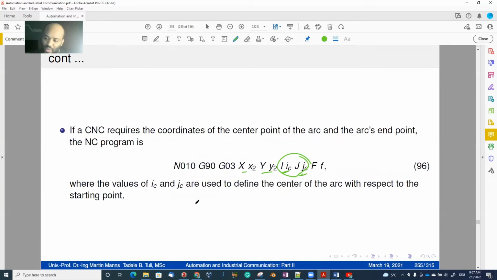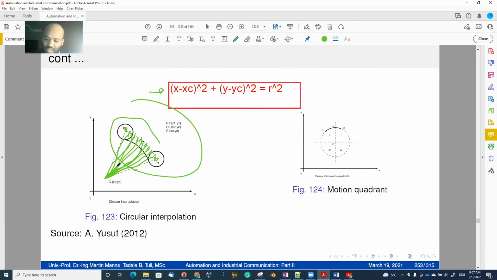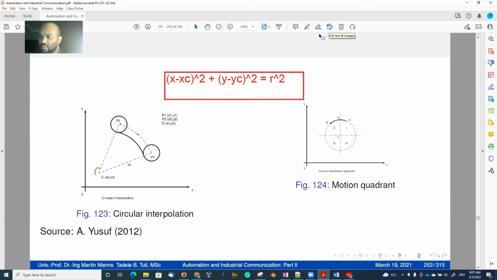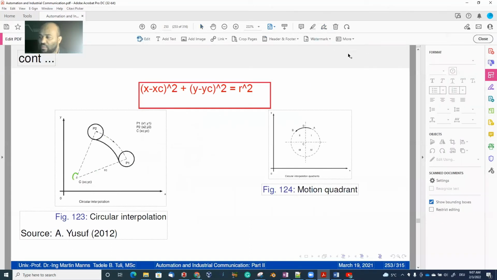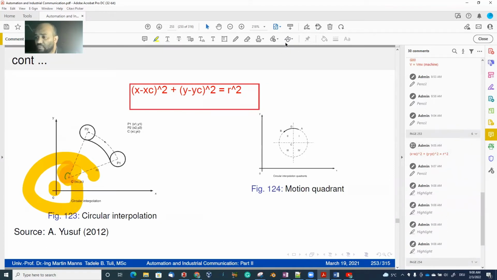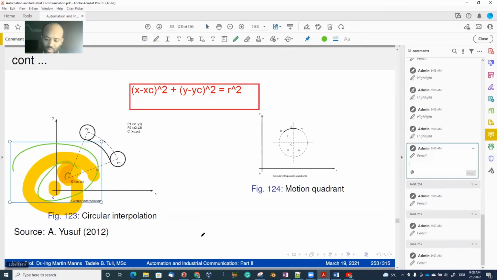This is an offset, because this circle center has an offset from the start point, so you have to get this offset. That's why we need to calculate that.